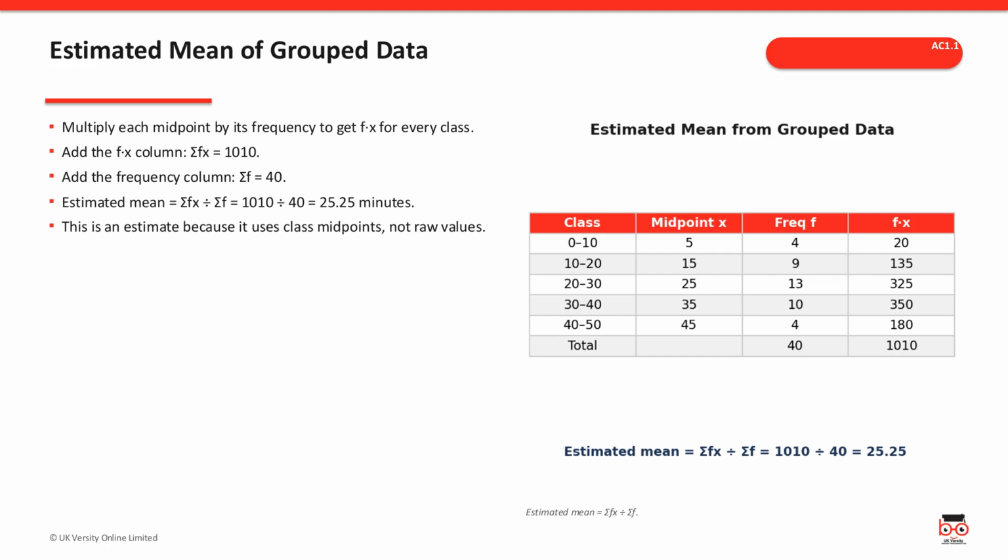Add that whole column, and the sum of fx comes to 1010. Divide by the total frequency, 40, and you get 1010 divided by 40, which is 25.25 minutes. So on average, customers browsed for a shade over 25 minutes. Remembering it's an estimate because we use the midpoints.